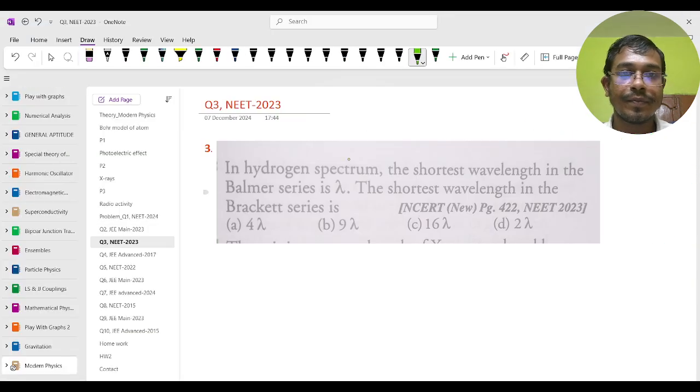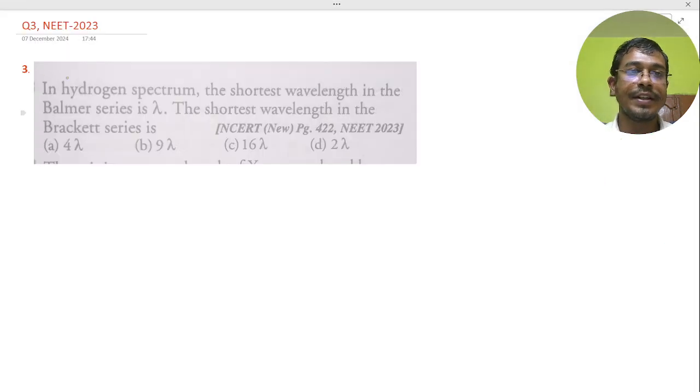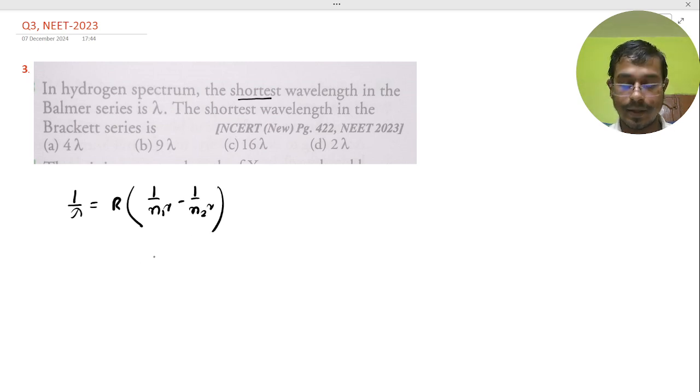Third one, NEET is saying that in the hydrogen spectrum, the shortest wavelength in the Balmer series is lambda. What is the shortest wavelength in the Brackett series? So I write 1 by lambda is equal to R into 1 by n1 square minus 1 by n2 square.